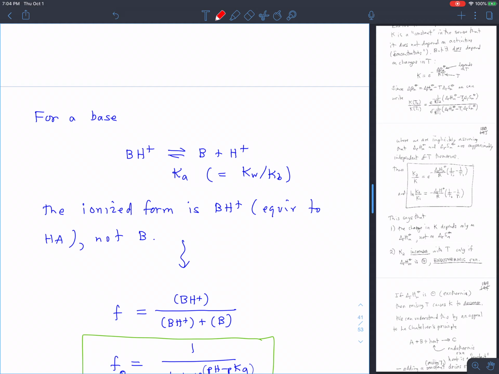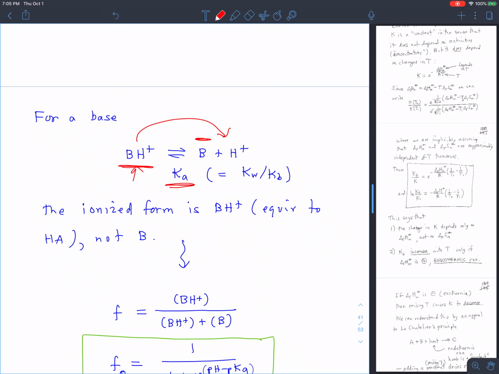So for a base, I'm going to think of the conjugate acid as an acid reaction. The base is B, but BH plus is the conjugate acid to every base. And that acid will dissociate just like any acid does. It's usually a very weak acid, so it doesn't dissociate much, but it can dissociate. And there's a Ka for that.